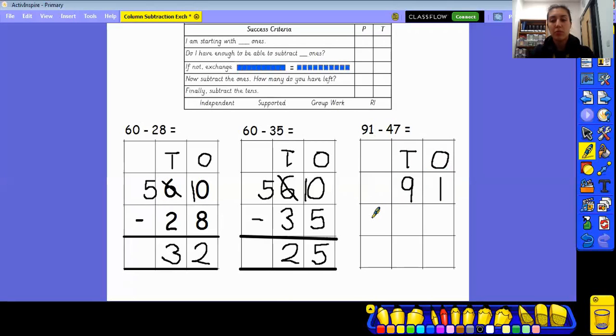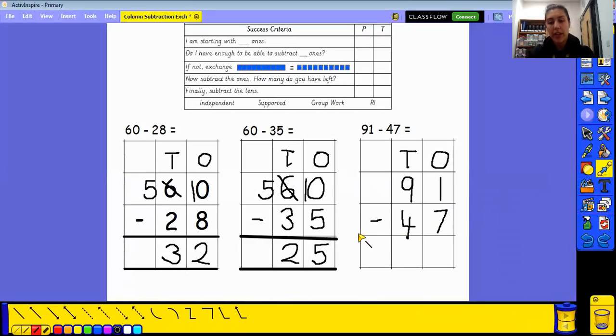Don't forget, I'm doing a subtraction, so I need to do my subtraction symbol. And then my second number goes underneath my top number. So I've got 4 tens, so in my tens column, I write 4 tens on the bottom. And in my ones column, I've got 7 ones, so in my ones column, I write 7. Don't forget, you're going to need to do your giant equal sign so that you have somewhere to write your answer.